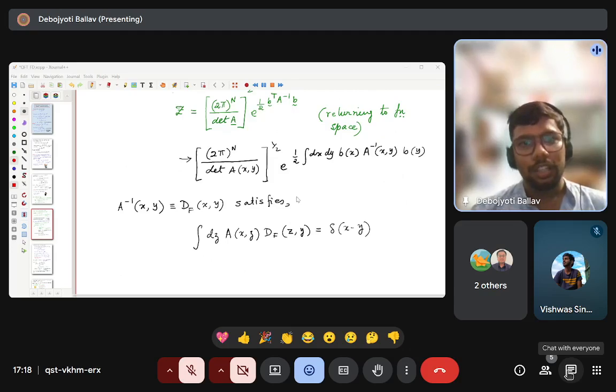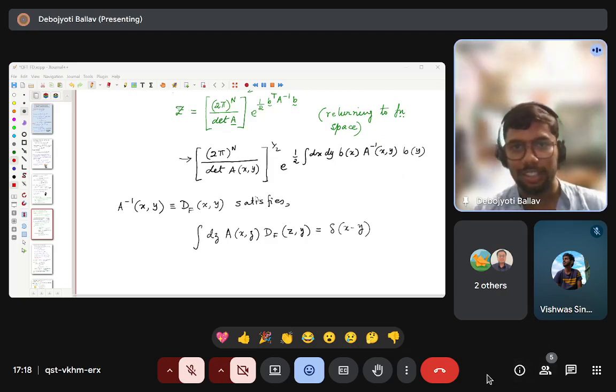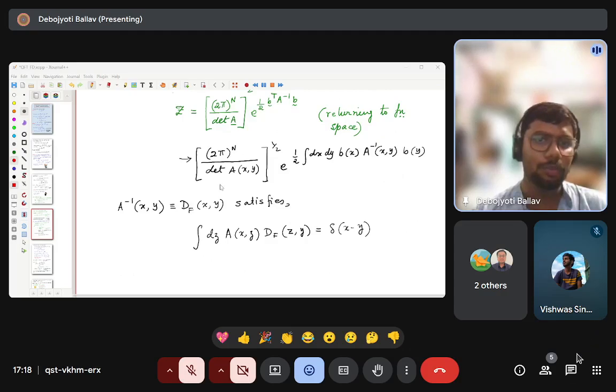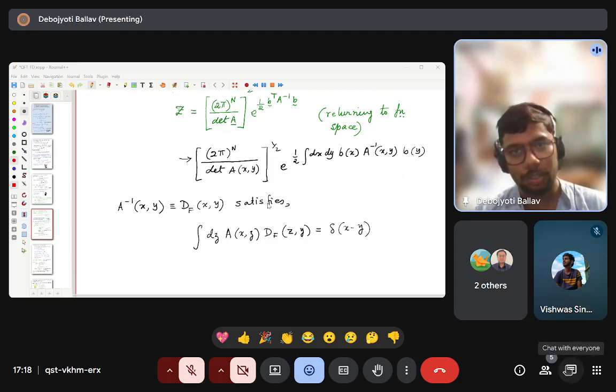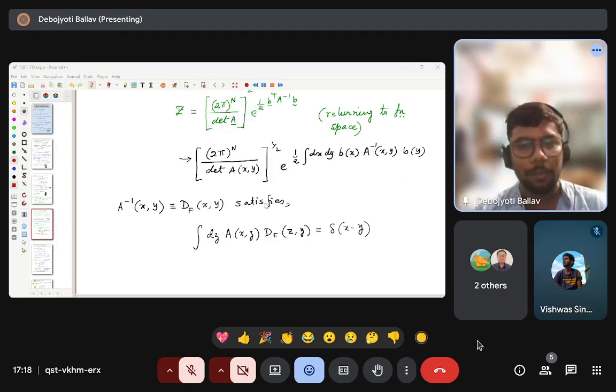But you can calculate this determinant by taking just the product of eigenvalues. They are infinite in number, but you can go to some subspace and calculate the product in that subspace, and you can take the infinite product in each subspace like that. I mean, you can assume that the function space is divided into subspaces, so you can diagonalize in that subspace and calculate the product in the subspace. It doesn't have to be an infinite dimensional subspace.